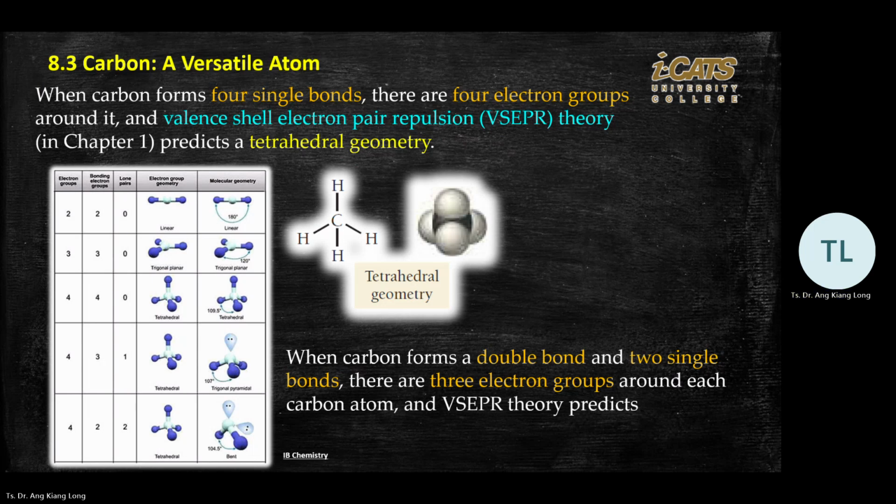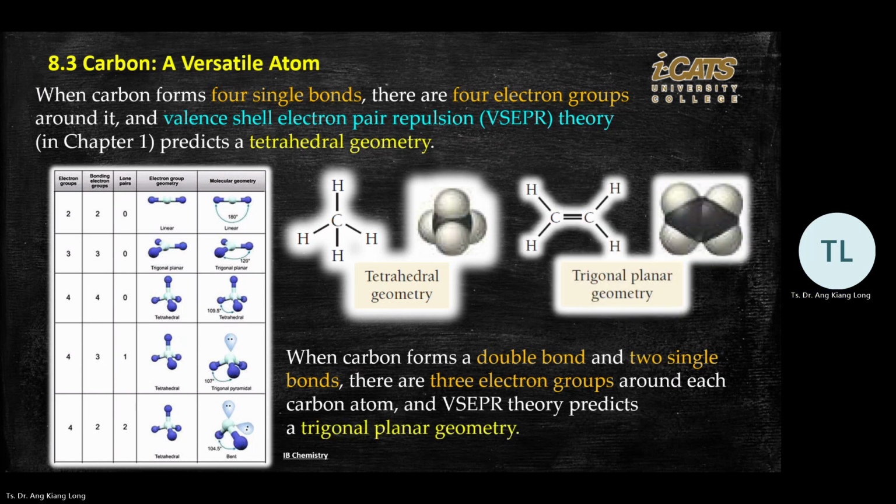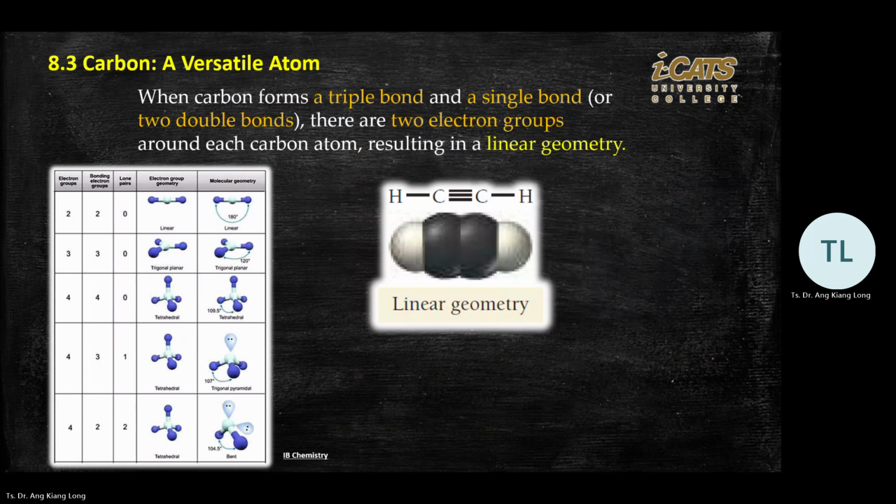This one covers chapter 2 on the shape of molecules and so on. Triple bond and so on. By now you should be able to understand why this one is linear geometry. It's because it's balanced, no lone pair electrons, and the bonding is shared symmetrically.